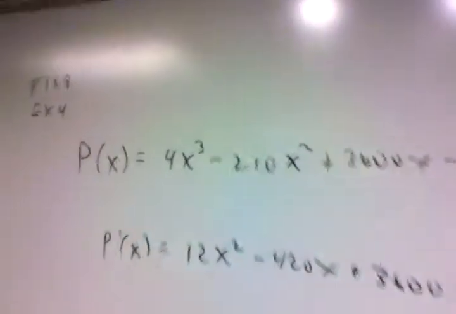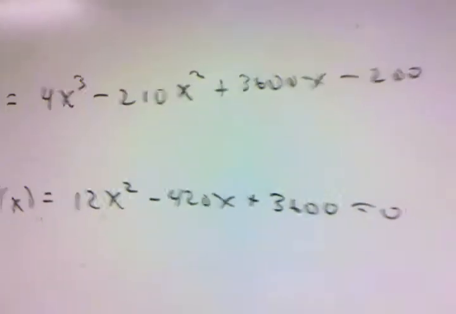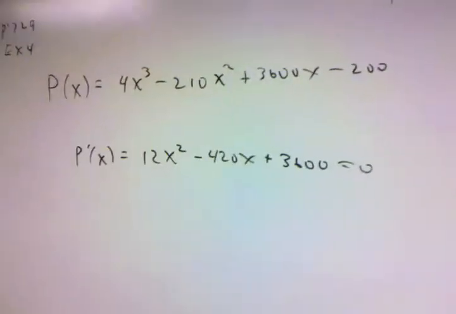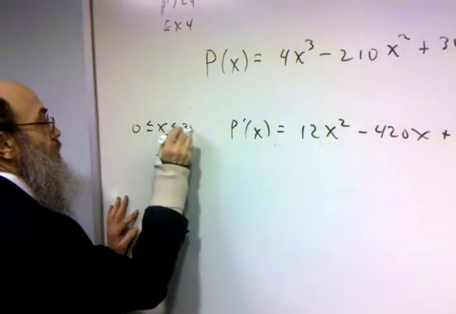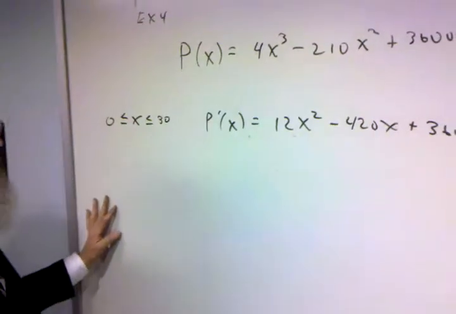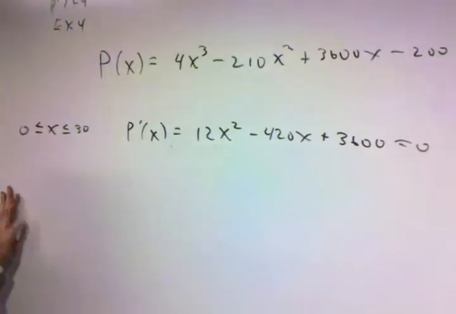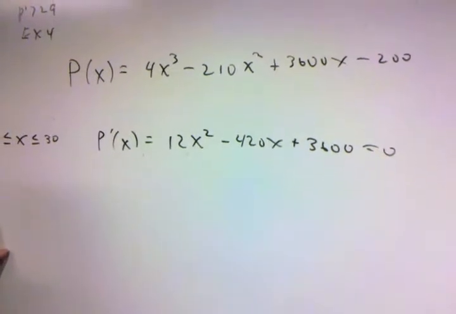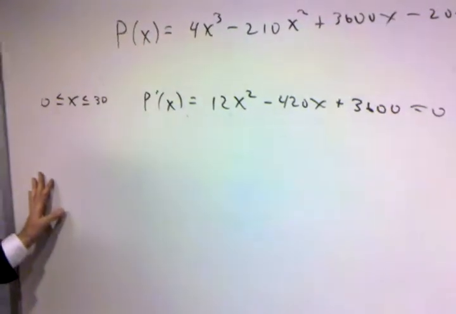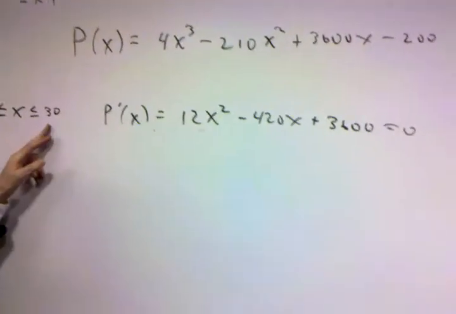That's the derivative of the original P. And we emphasize, we're working in the interval 0 is less than x is less than or equal to 30. Now, if I put in 0, obviously that'll be a low number. If x is 0, that's not going to maximize profit. Something's wrong if you make nothing and have maximal profit. But possibly x equals 30 will be a maximum because this is the end point.